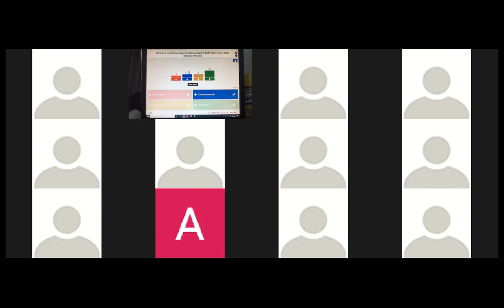Does anyone remember what chemiosmosis is? What does it involve? Does osmosis have to do with water? No, but you're kind of on the right track. Usually it's movement of water, right? Osmosis. So chemiosmosis is the movement of hydrogen ions across a membrane. In photosynthesis, it's the thylakoid membrane, during the light dependent reactions.